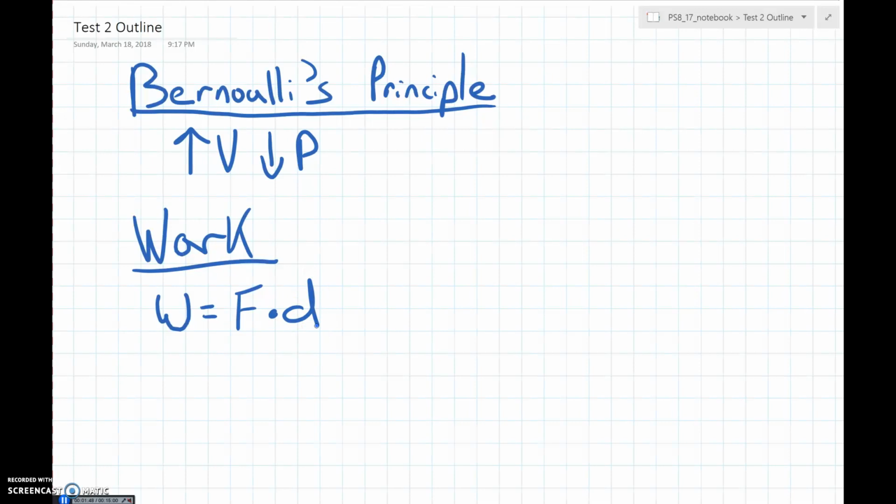So our units for force are newtons, and our units for distance are meters. But luckily, we don't need to remember that exactly. What we need to remember is that our units for work are joules.